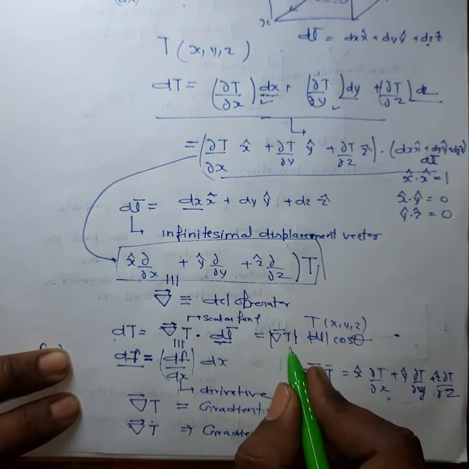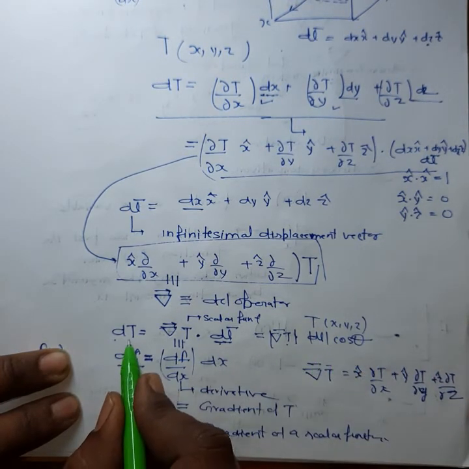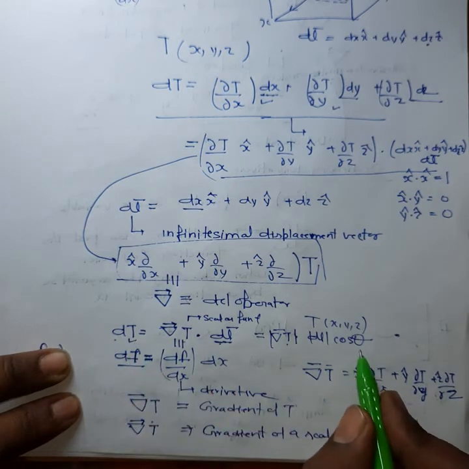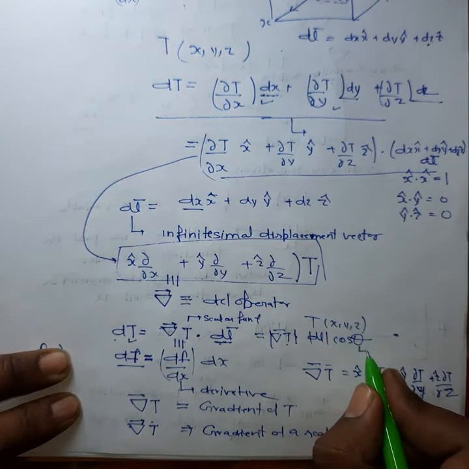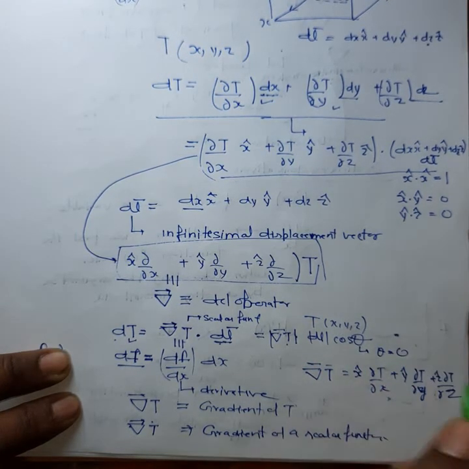So the maximum change in T will take place when cos theta is maximum, that is, when theta is 0.